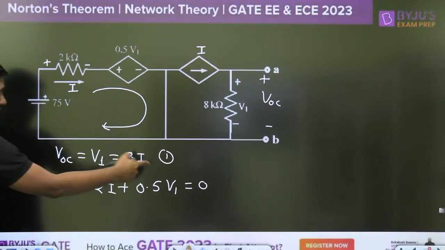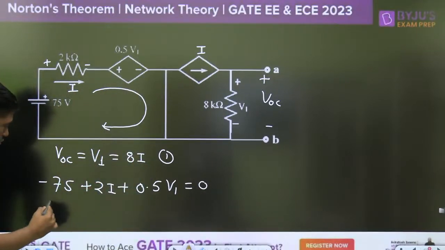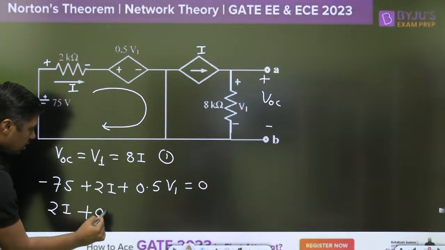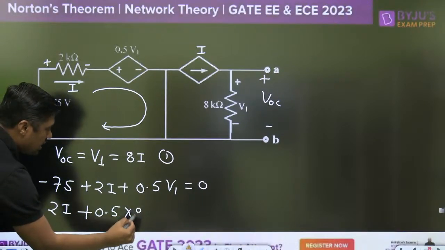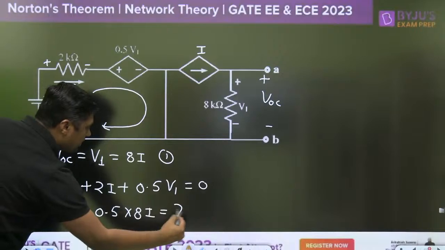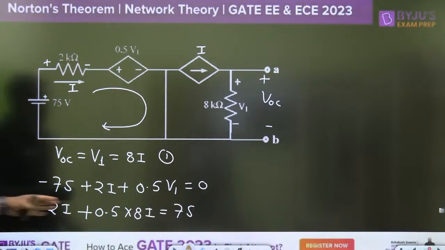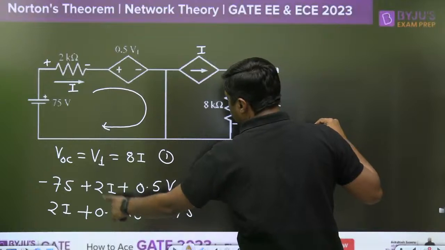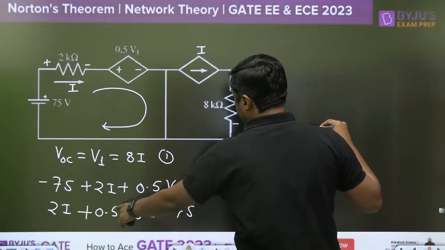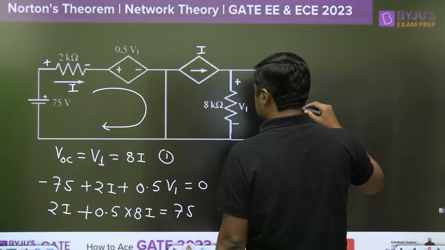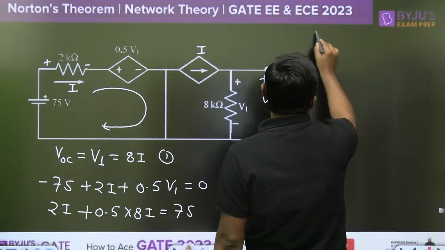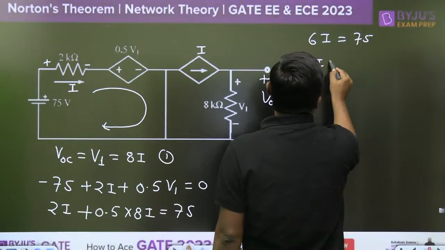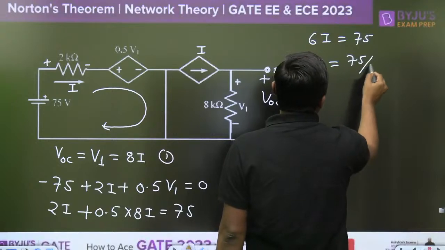What is V1? 8I, and that's why it will become 2I plus 0.5 into 8 into I is equal to 75. Everyone, what is I equal to? 4 plus 2, 6I is equal to 75. So I is equal to 75 by 6.